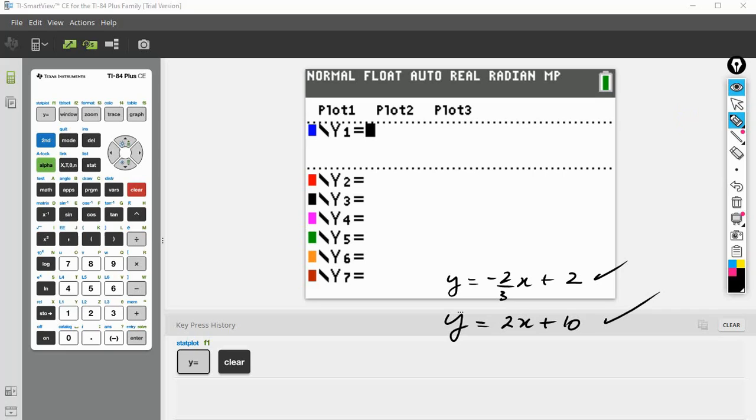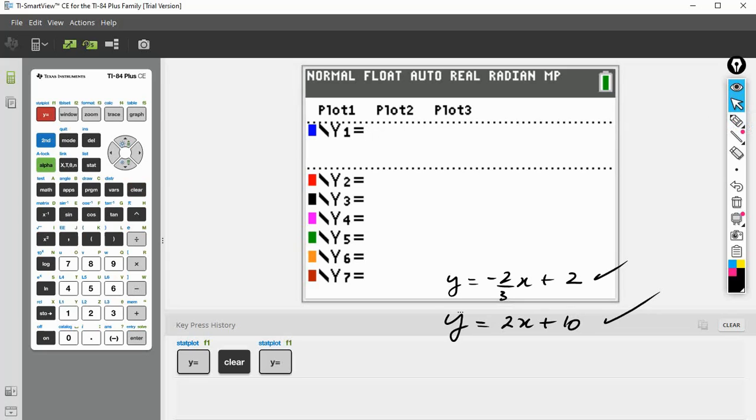To do that, you have to go to the button that says y equals, which is right here on the top left corner of the calculator. And that takes you to this, where you can plug in the function, and then we can graph. So notice that we had to rearrange it in terms of y equals x something. So an equation for y in terms of x.